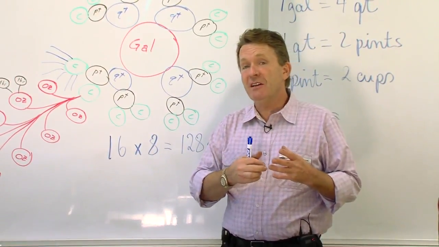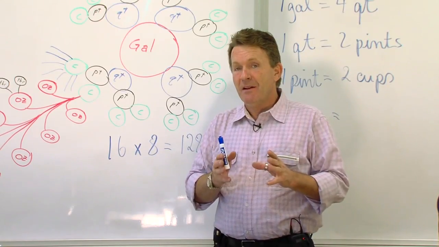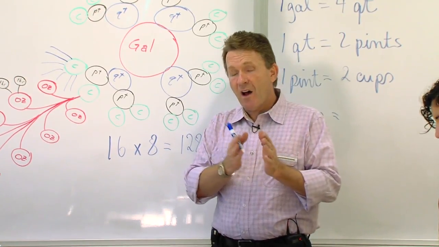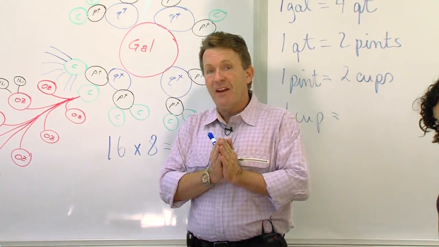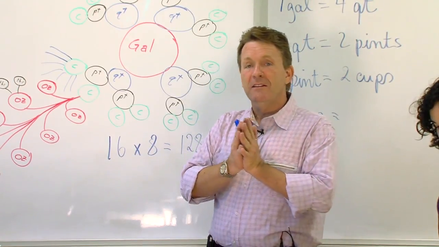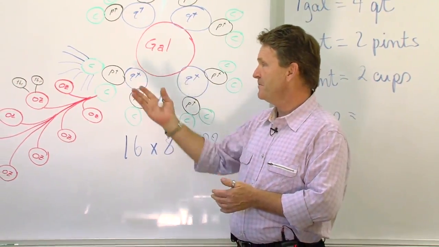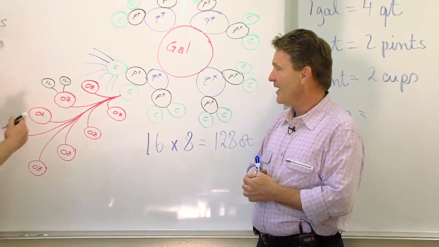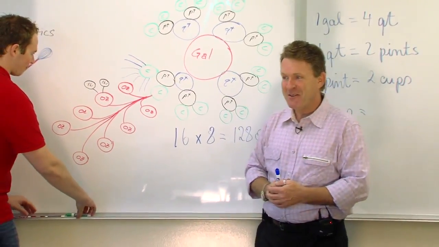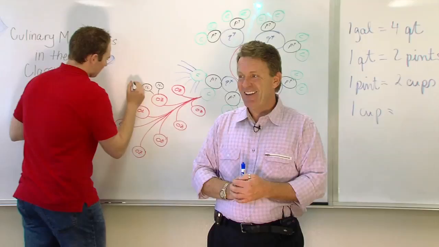And remember, I'm teaching mathematics. I'm not so much worried about how this applies. The next question would be, how many teaspoons are in each tablespoon? Which would be? 3. Okay? So we're extending our monster to 3, and we keep going.